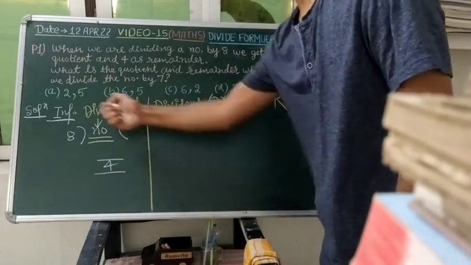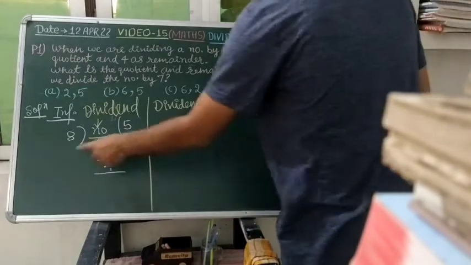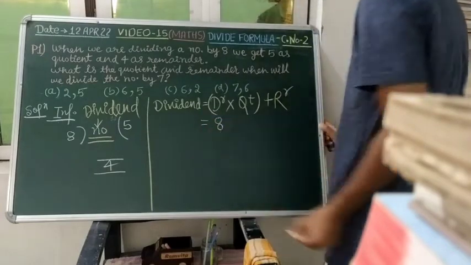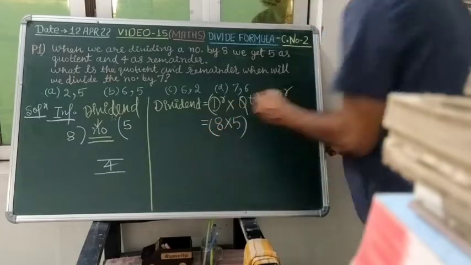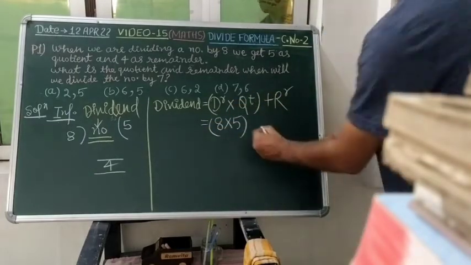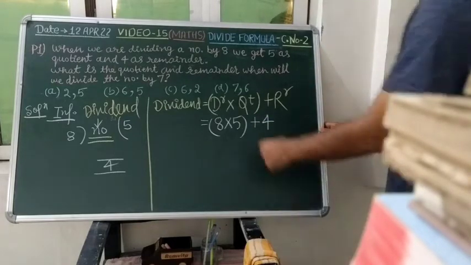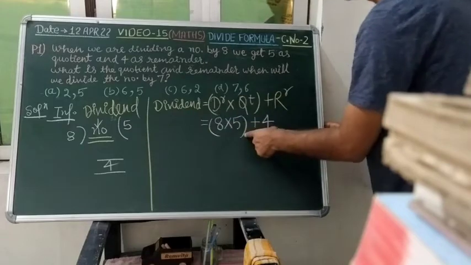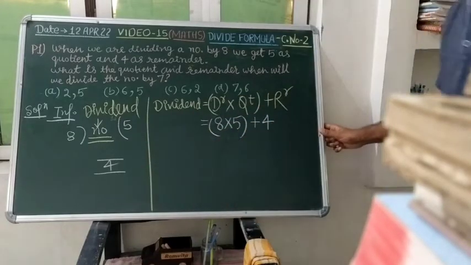Now from the information we will put the values here. Divisor is 8, quotient is 5, remainder is 4. Means divisor 8 into quotient 5 plus remainder 4.